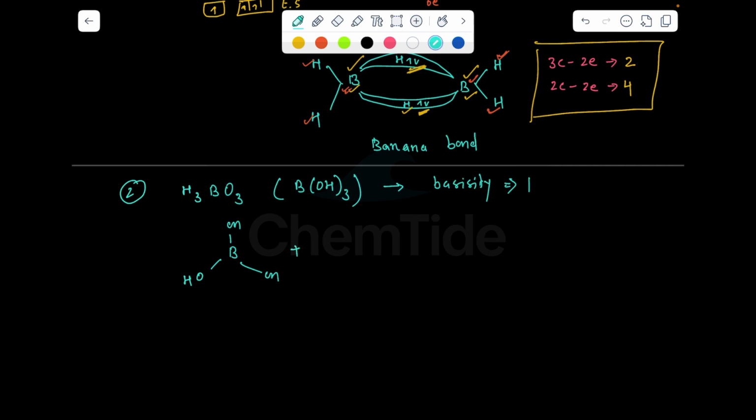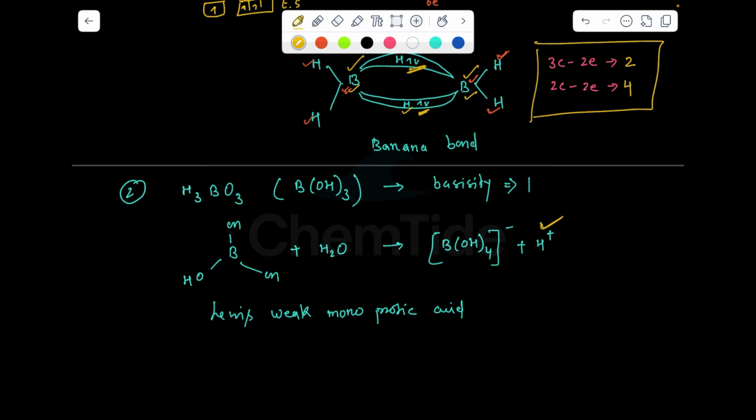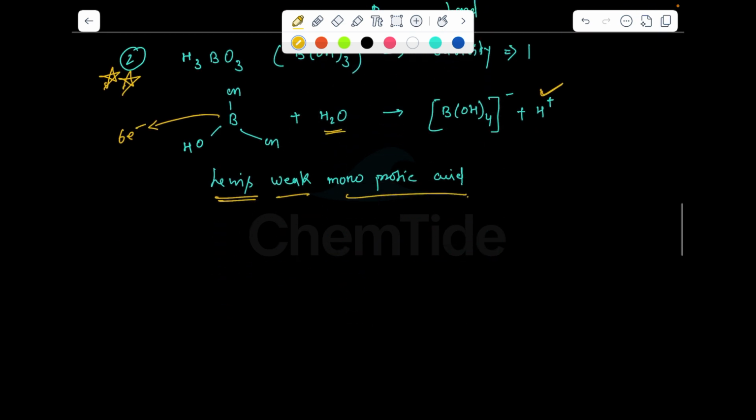But yes, when you put it into water, it will convert into B(OH)4 with minus sign, and the H plus ion comes out from the water. It is releasing only H plus ion, which is coming from the water only. And since the octet was incomplete, that is why we could say it's a Lewis weak monoprotic acid. Very important PYQ for JEE and NEET.